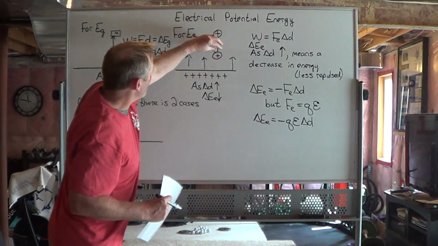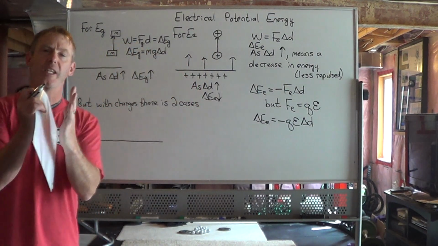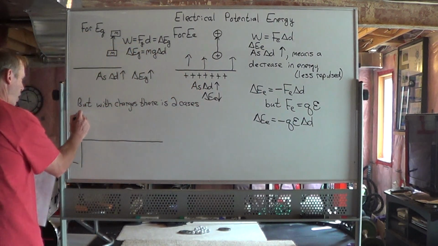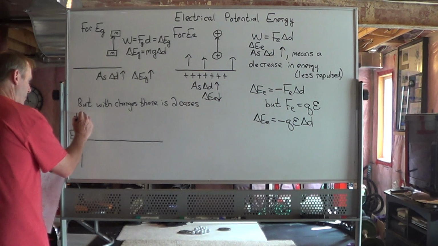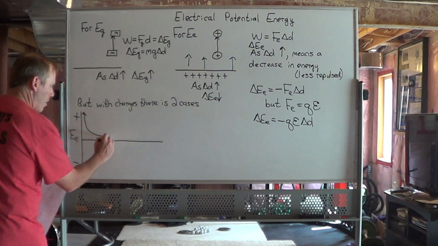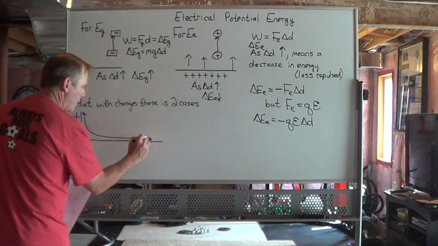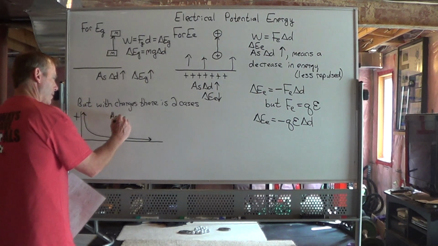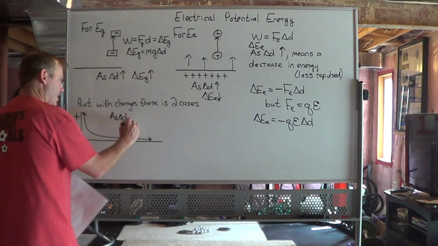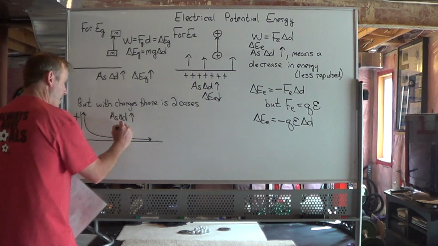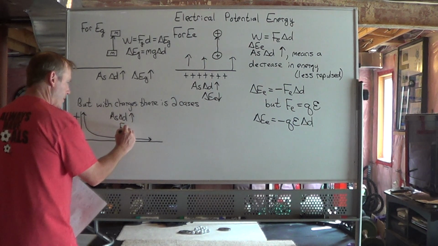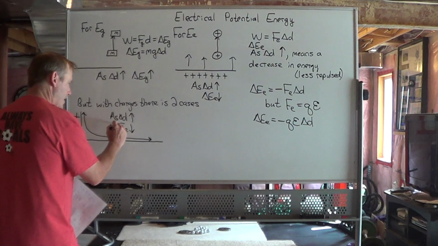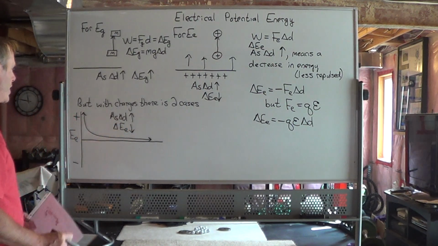The closer you move it, again pushing that spring together, you're building up a lot of positive energy. But as you move it farther apart, your energy dwindles. So as D, your distance, or I should say delta D, increases, your electric potential energy actually decreases. I'll put delta again because it's the change.